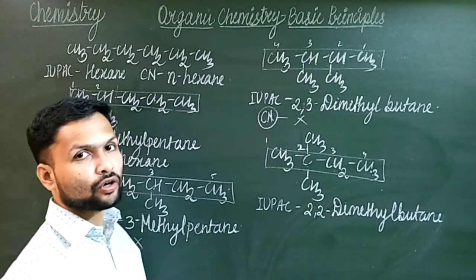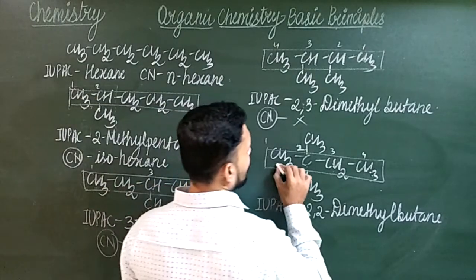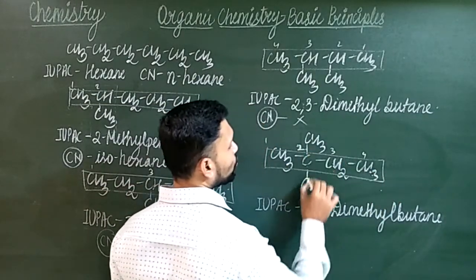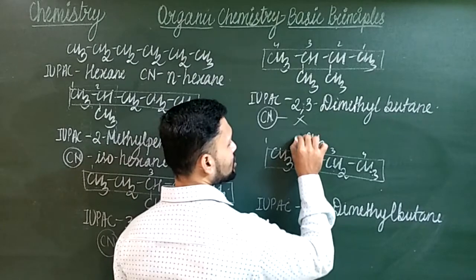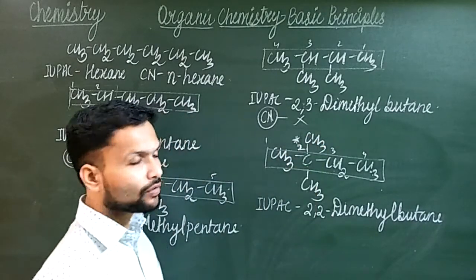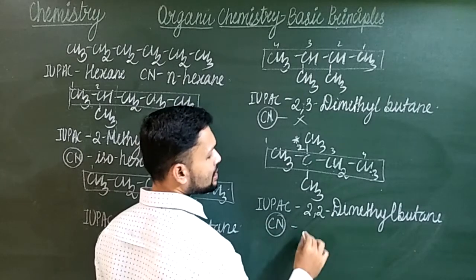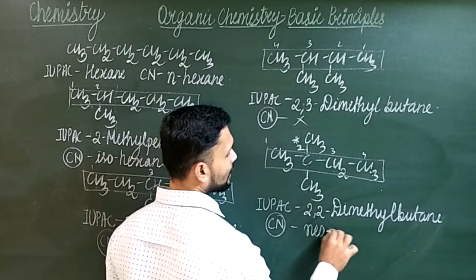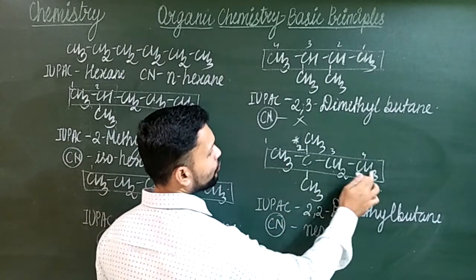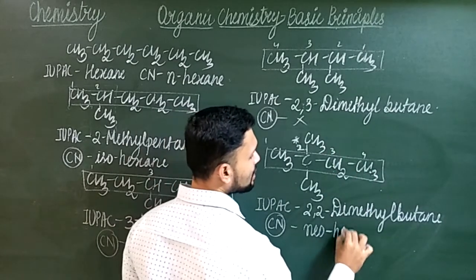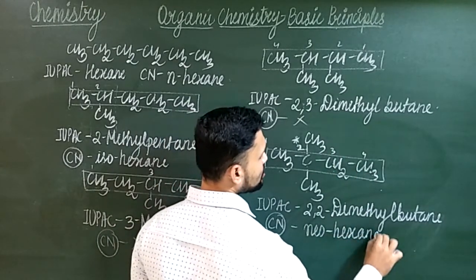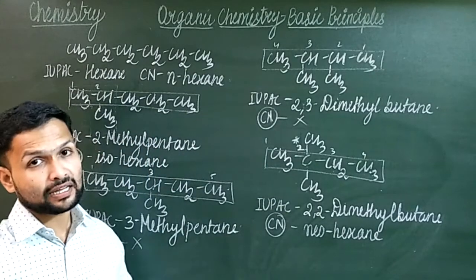But this has a common name because the others are in a straight chain, only 2 methyl groups, and that too they are attached on the second carbon of the chain. So this makes the branch that is called neo, and total number of carbons are 4 plus 2, that gives us 6. So this is the structure of neohexane.